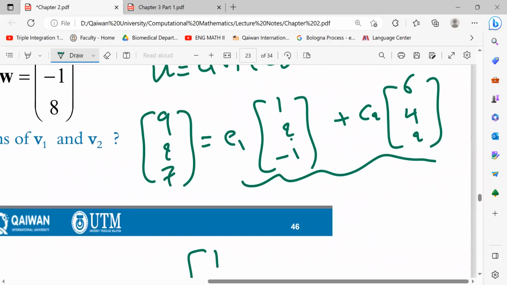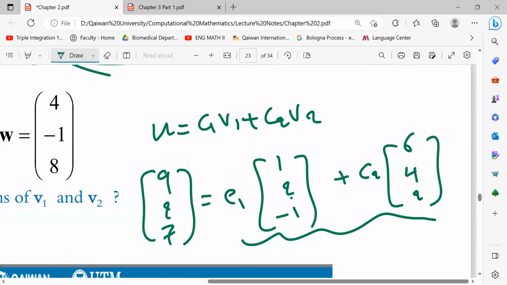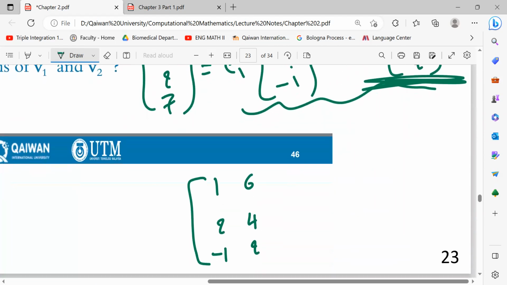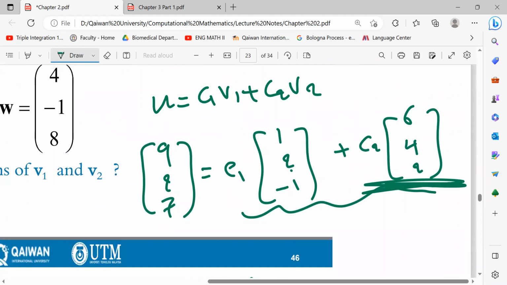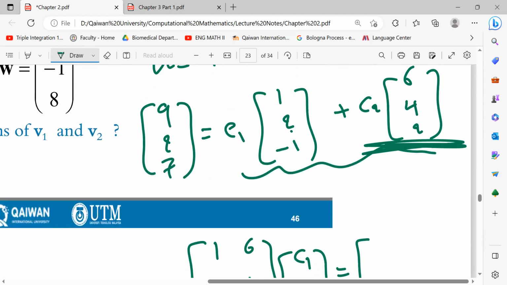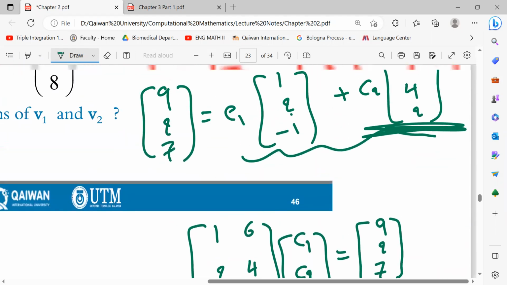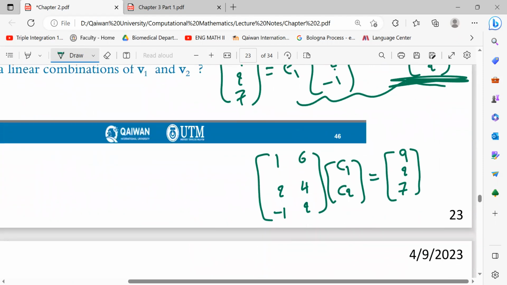And V2 is 6, 4, and 2. Times C1, C2, we have only these two, and now C1 and C2 equals 9, 2, and 7. This is the matrix form of the above system.